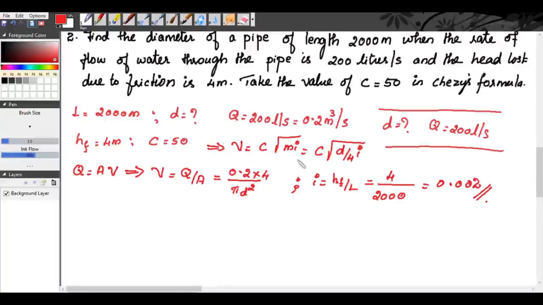Now we will use Chezy's formula, V is equal to C into square root of d by 4 into I. The value of C is given as 50.